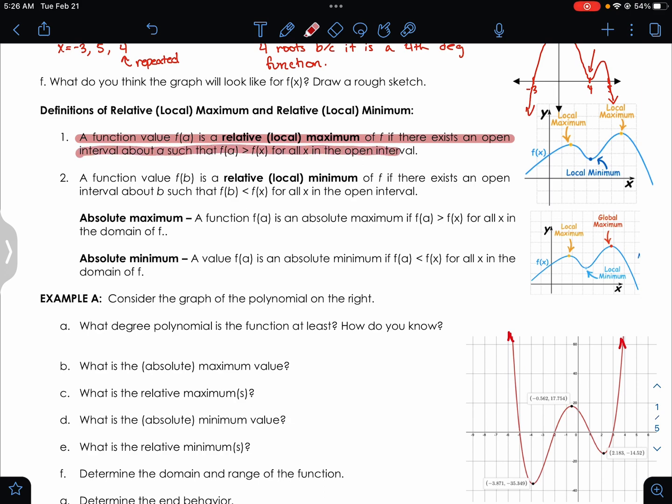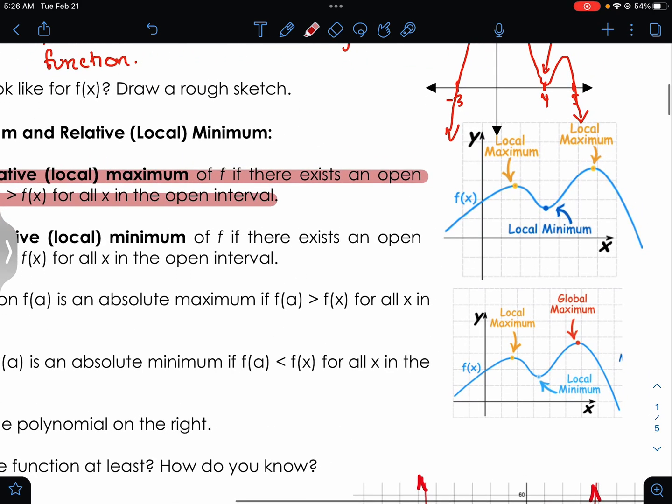Okay, so what does that mean? If we're looking at this picture here, this first picture, you have a local minimum there because that function value, that y value, is lower than all the points around it. So this is going to be a local minimum. You have these other 2 points here that are local maximums because they are bigger than all the other points that are directly around them.